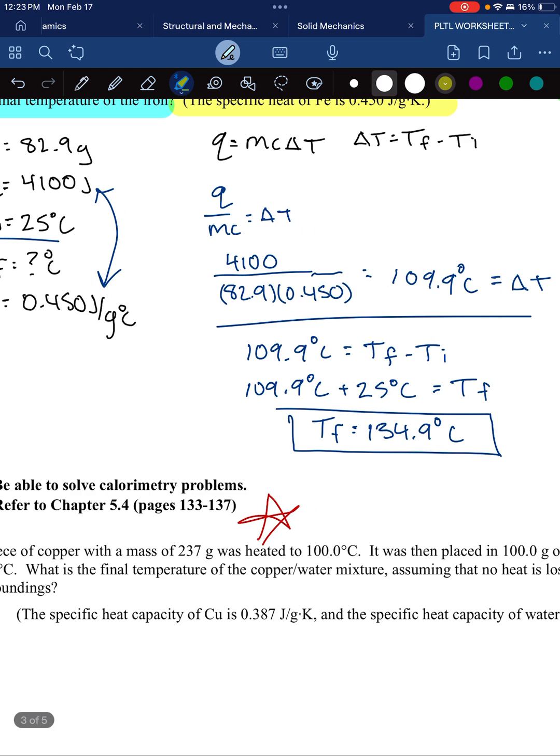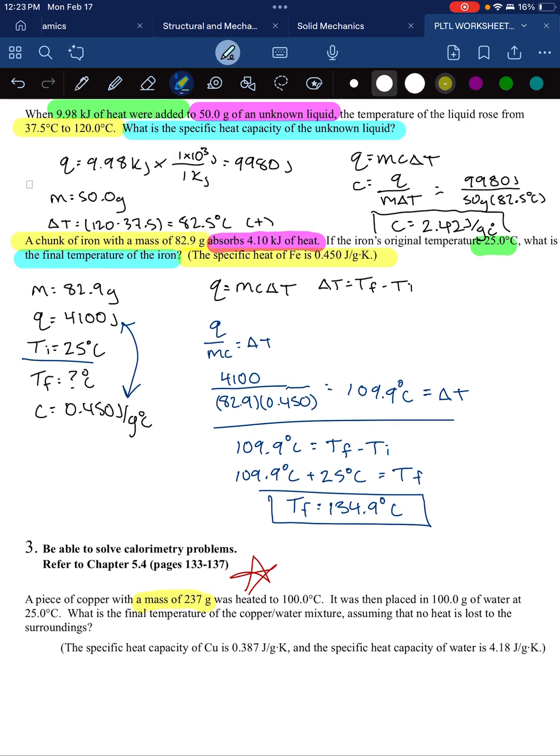Okay, a piece of copper has a mass of 237 grams, heated to 100 degrees Celsius. Then it is placed in 100 grams of water at 25 degrees Celsius. What is the final temperature of the copper water mixture, assuming that no heat is lost to the surroundings?